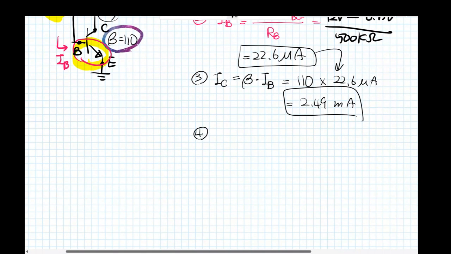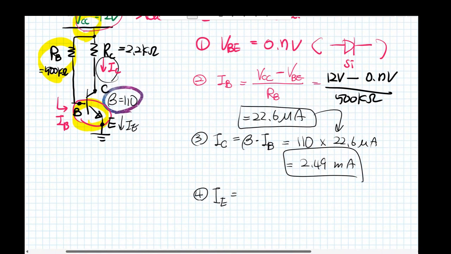And four. What is the I sub E? Like this one here, the current passing through the E portion, just right there. What is the I sub E? It's IC plus IB.